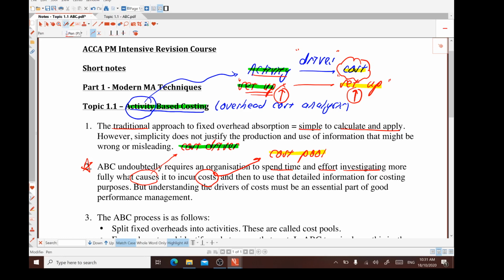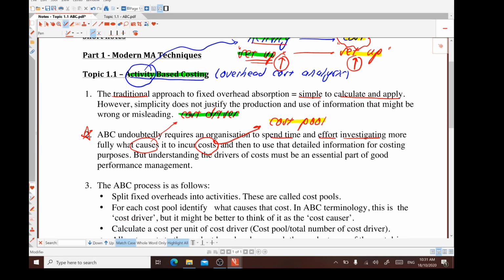So is it possible for the business to analyze every single activity? The answer is no. They can only analyze the key activities. And that's what we have to bear in mind, and it will still be seen as a form of limitation for activity-based costing. Now, we use that detailed information for costing purposes, but understanding the drivers of the cost must be an essential part of good performance management.